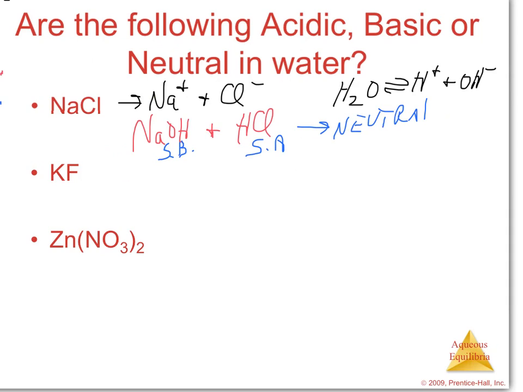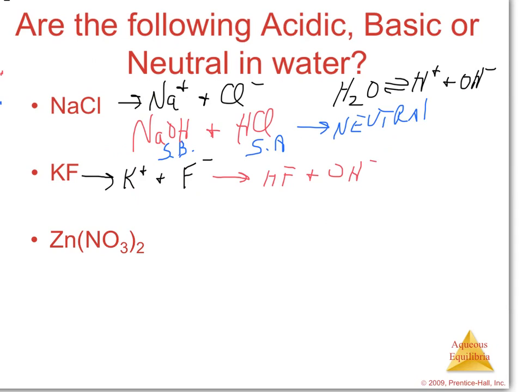Okay, now let's look at the KF. It is going to break up into potassium ions and fluoride ions. Now when I do this mixing and matching, potassium will match up with hydroxide, that'll be a strong base, and the fluoride will match up with the H+. Now that's a weak acid, so that means fluoride wants something from water. It wants that H+ from water, and what's going to happen is it's going to react with water to give me HF plus OH minus left over.